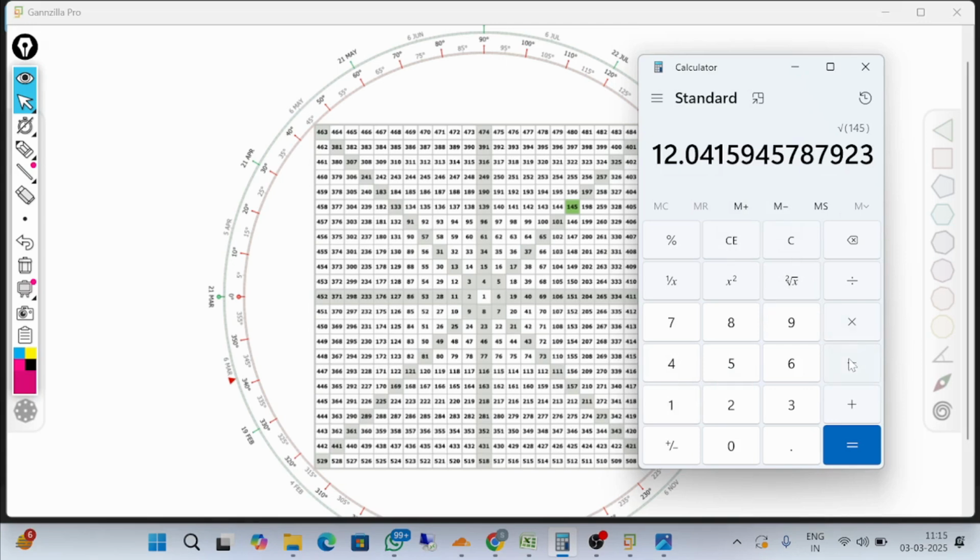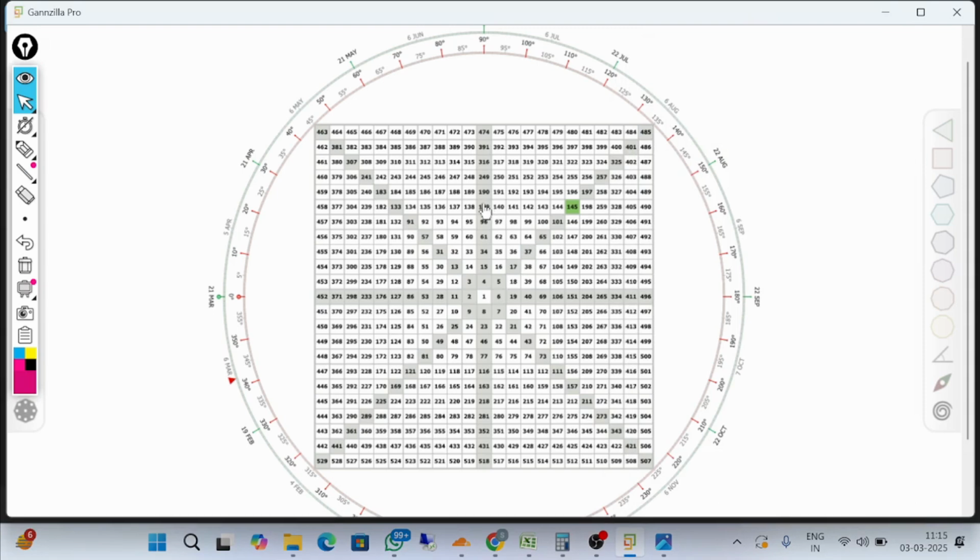From this, let us see, minus 0.25. What is the answer? 11.79 square, so 139.04. Now see, here you would get the exact support over here, 139.